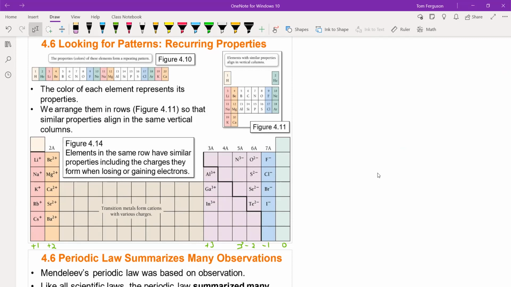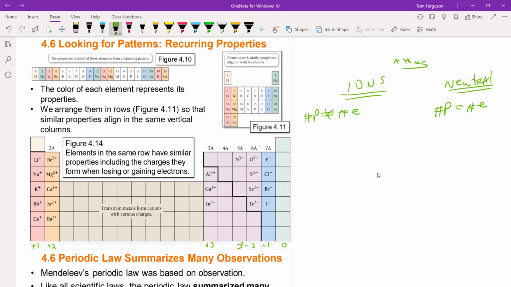And ions are atoms that can either be ions or they can be neutral. If they're neutral, the number of protons is equal to the number of electrons. If the number of protons doesn't equal the number of electrons, then it's an ion.